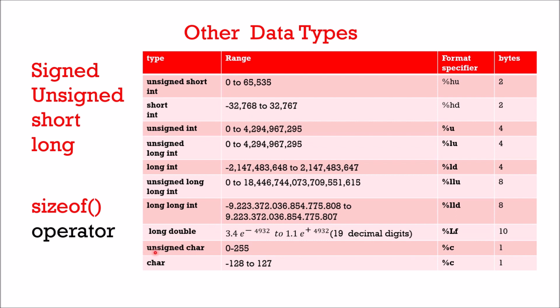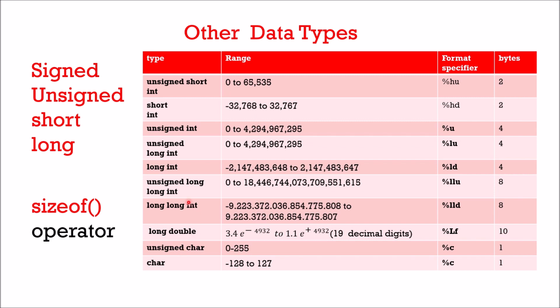Remember that if you don't tell any type to be unsigned, it's because it is signed. So just like in the char data type, you take from minus 128 up to 127. However, if you specify unsigned, it's because it's going to store just positive values from 0 up to 255. However, they have the same format specifier for either unsigned char or char.